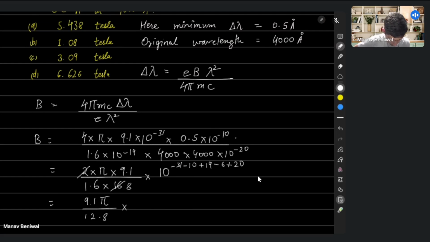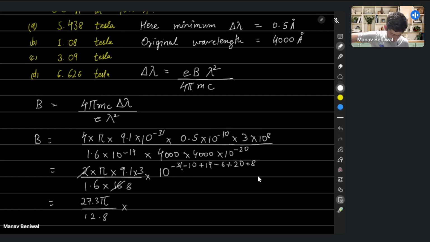I again forgot one, the speed of light. This is 3 into 10 to the 8 here. Okay, so we will have a 3 here, times 9.1, this will be 27.3, and we will have one additional 8 here.